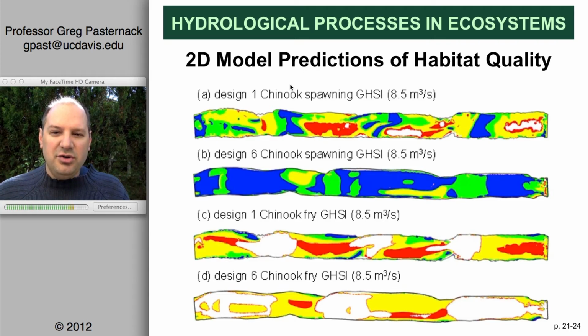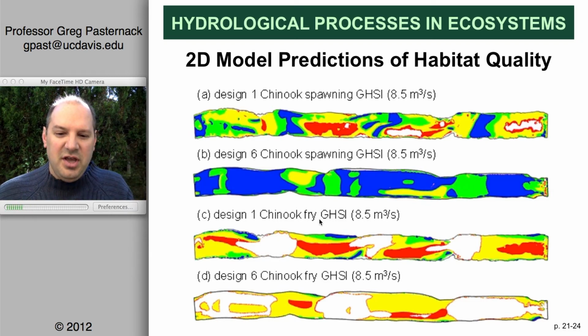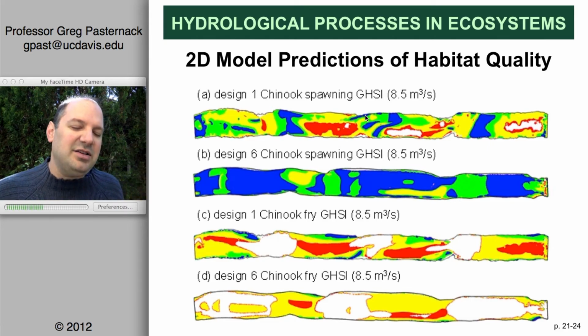And so this shows Design 1 versus Design 6 for looking at Chinook spawning and Chinook fry. So fry are the smallest life stage of newly born fish. And in this case, I say GHSI because this combines hydraulics and substrate, so depth, velocity, and substrate.